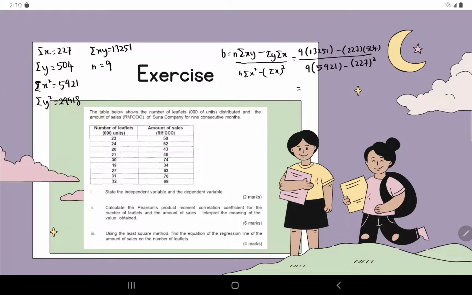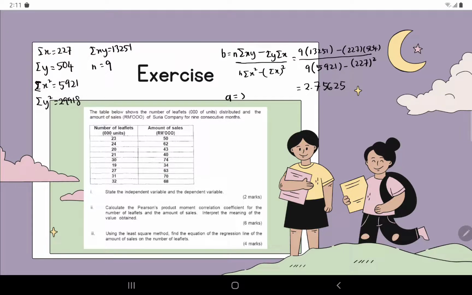Then just use your calculator. The answer is 2.75625, so that is our value of b.